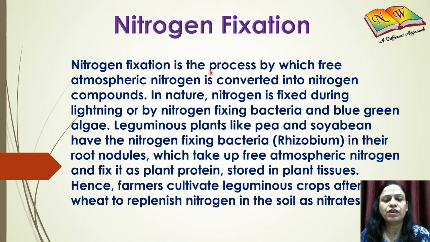The purpose of nitrogen fixation is to convert the atmospheric nitrogen into nitrates or nitrogenous compounds in the soil, which can be absorbed by the plants to build up proteins.